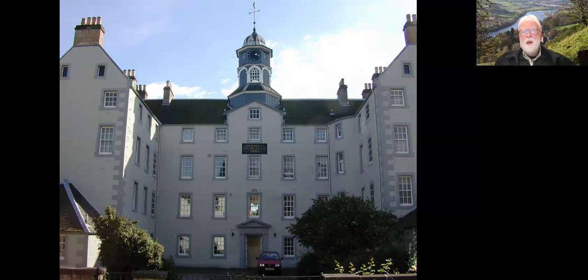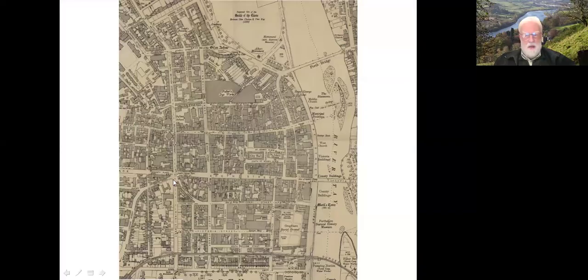And James I himself is buried here. He was murdered in Perth, and he'd always intended to be buried here, just not quite so soon as things turned out. We don't know exactly where, but it's in this area.